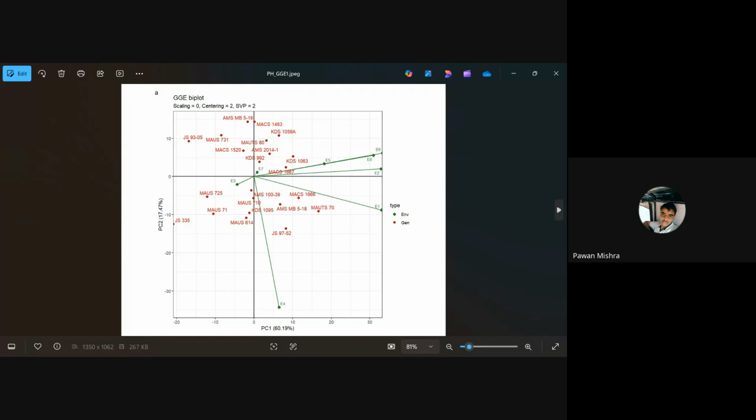No, sir. So whatever you search on ResearchGate, Google Scholar, or other websites, you will find they concentrate on their major character and visualize other traits in BLUPs. Okay, sir.